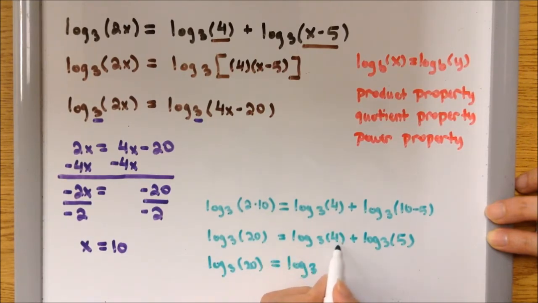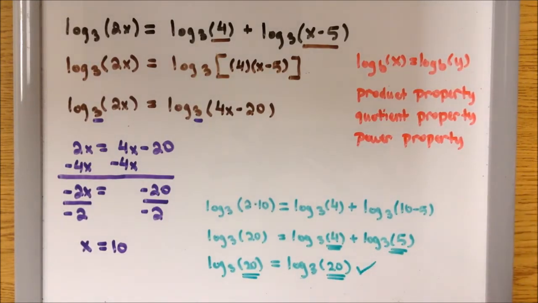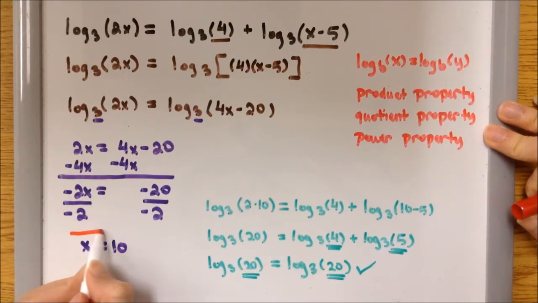Doing so, I'm multiplying the 4 and the 5. So 4 times 5 is 20. And if I take a look, there's 20 on the left side, there's 20 on the right side, same base. So it is true. Therefore, x equals 10 is a defined solution, meaning that it does work.